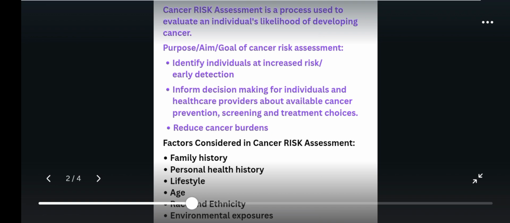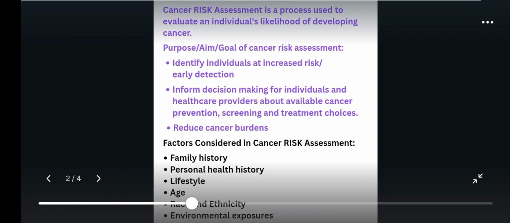So when an individual undergo cancer risk assessment, we'll be able to know whether he's at high risk. If he's at high risk, we'll be able to introduce the person to available cancer prevention and screening tests, and of course treatments available.